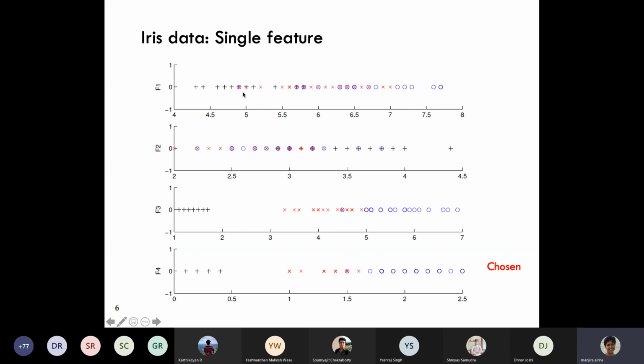It is shown here that we start incrementally from one feature, F1, F2, then two features, then three features, and we see how well the feature selection segregates my different data instances. Where we have a satisfactory segregation, we choose the features. I think the other details are in the book chapter, so you can go through that.